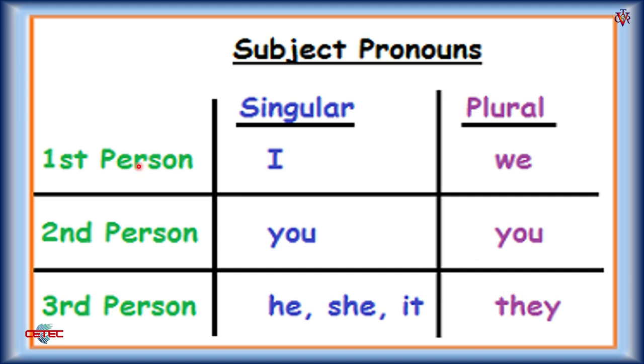The first person in plural, we, the second person in plural, you, and the third person in plural, they. Don't forget, singular, only one; plural, more than two.